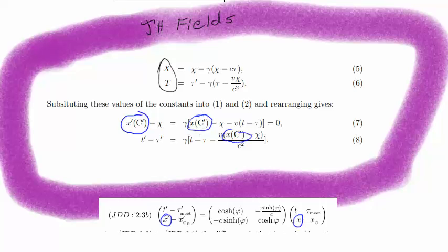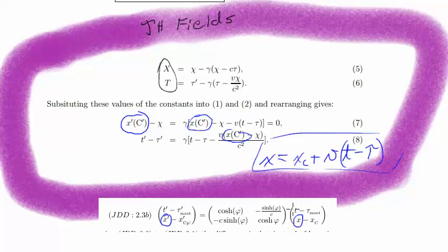Now it should be noted that x, the unprimed coordinate of the primed clock, is x sub c plus vt, vt minus tau, actually. So at time tau, this should be at x sub c, so that would make that the equation that we have there. So he's actually already plugged in values for the primed clock here.